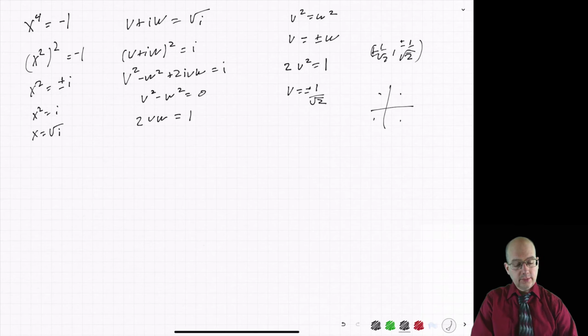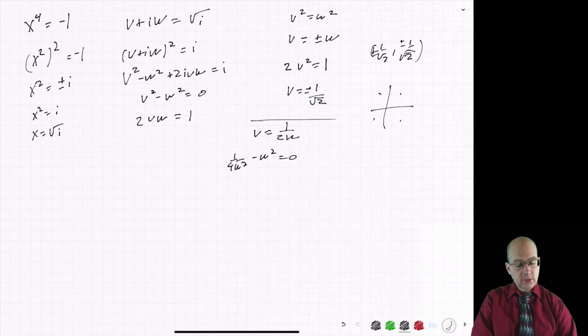All right, good. The other approach would have been you get v, say, equal to 1 over 2w. You get v squared, oops, sorry, 1 over 4w squared minus w squared equals 0.